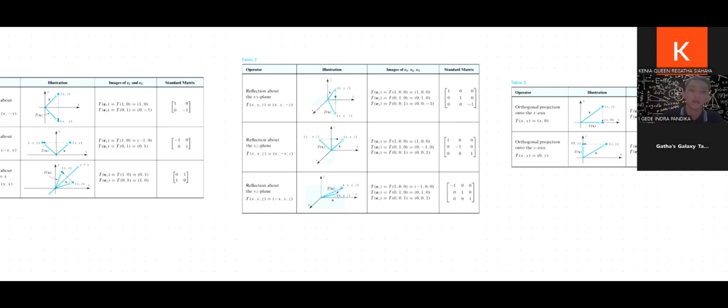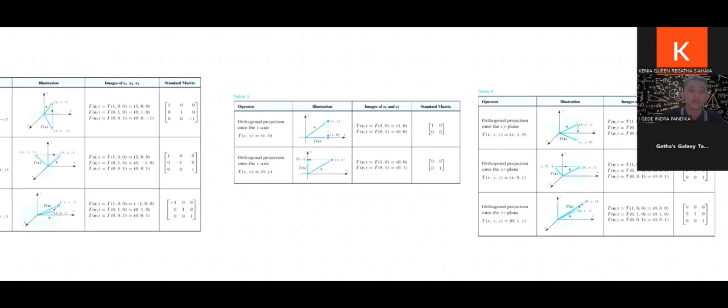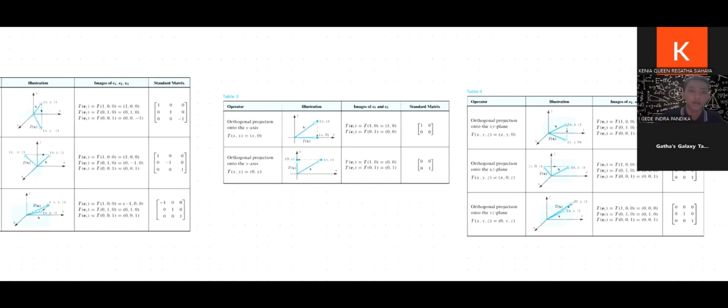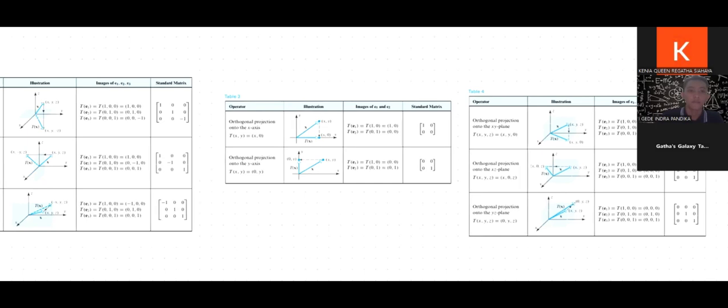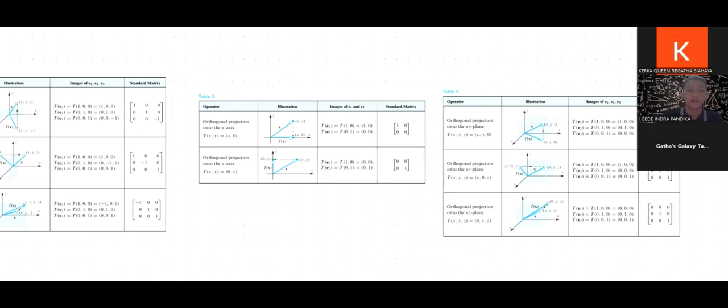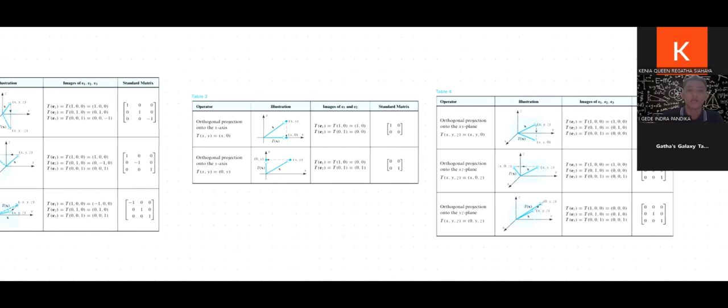In the images of E1 to E3, we change the value of E3 from (0, 0, 1) to (0, 0, -1), and the values of E1 and E2 do not change. The standard matrix is [1 0 0; 0 1 0; 0 0 -1].